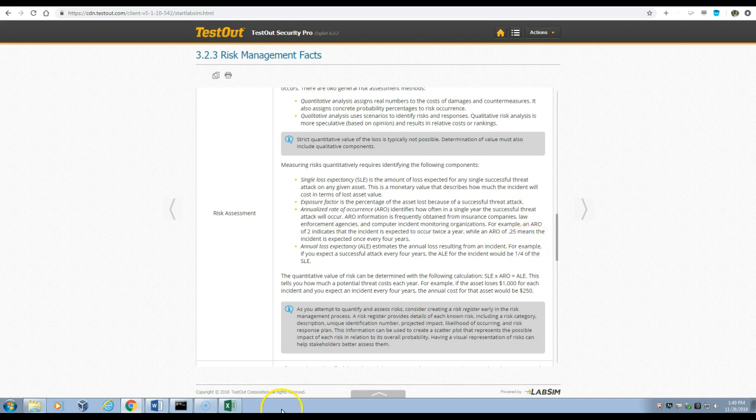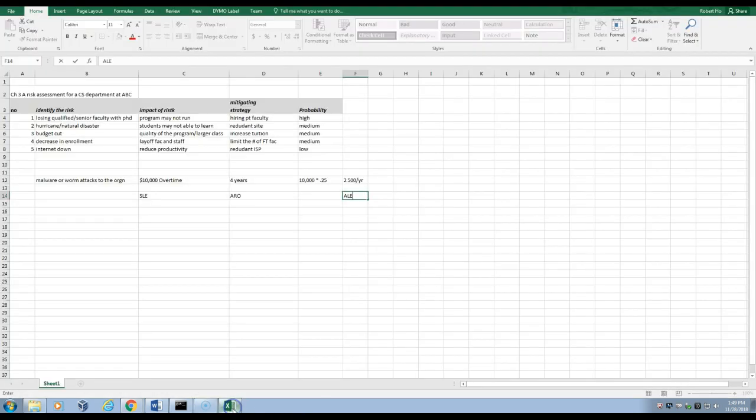Okay, let me give you an example here. Let's say that an organization is attacked by a worm or malware. Well, this will cost downtime of the organizational operation. For example, let's say that you work in a call center.